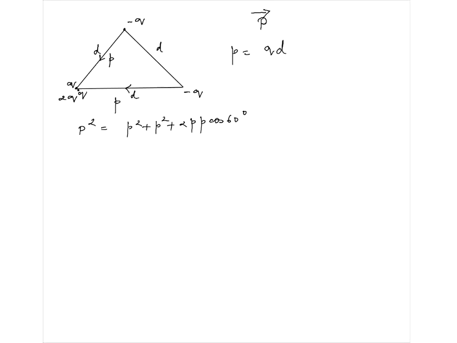Regarding the direction, by the argument of symmetry, it has to be the perpendicular bisector, capital P. That means 30 degrees that way, or if you want to do it clockwise way, then it would be how much? 120 plus 30, 150.